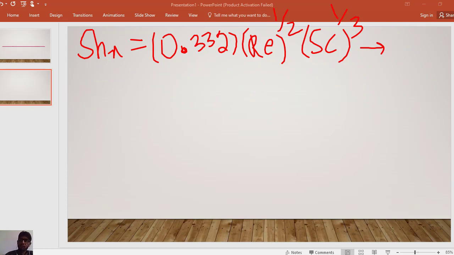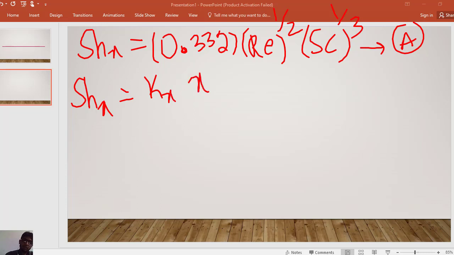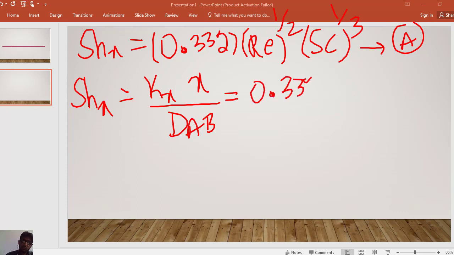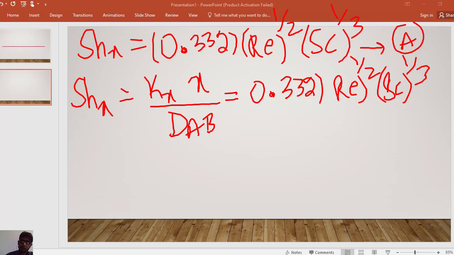This is equation number A. We know that the local Sherwood number is equal to the local mass transfer coefficient at point x, times the x direction on the plate, divided by the diffusivity, which is equal to 0.332 times the Reynolds number to the power 1/2 times the Schmidt number to the power 1/3. Now let us simplify further. Suppose this is equation number C.